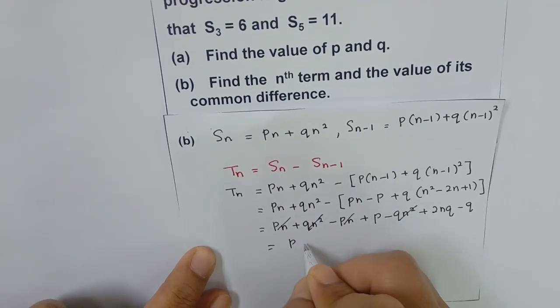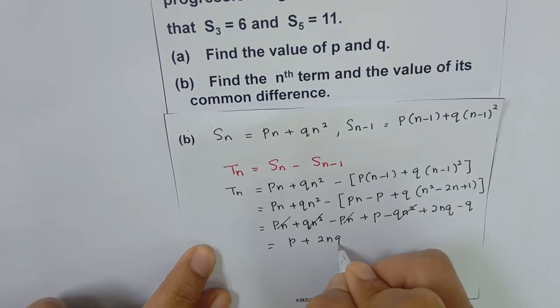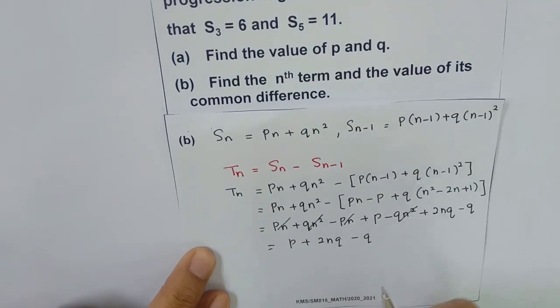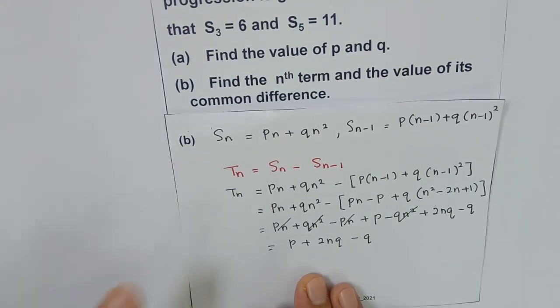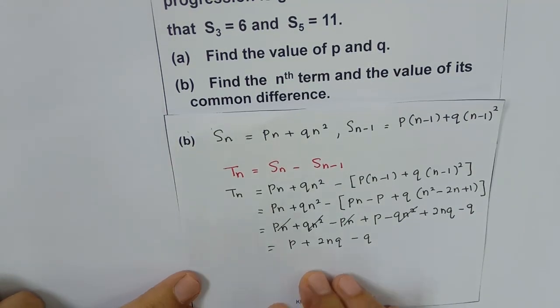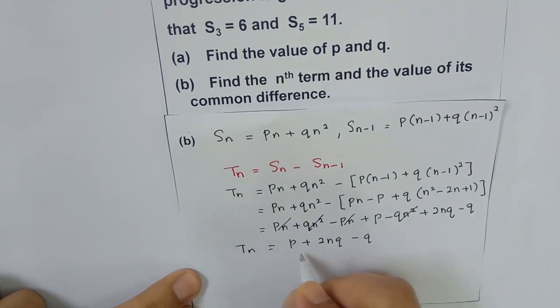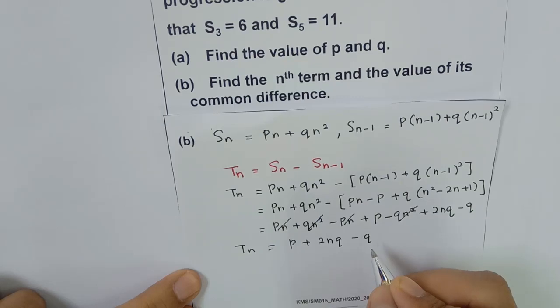P plus 2nQ minus Q. So we get Tn equal P plus 2nQ minus Q.